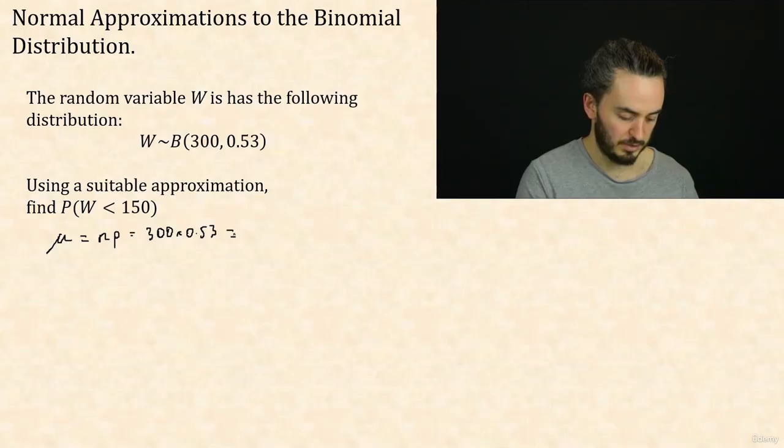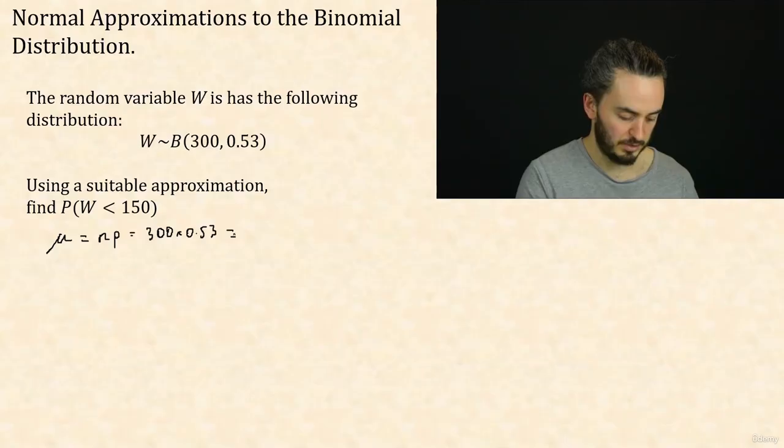The other way of doing this is just write out a few numbers around your target number and say it was less than 150. So it's going to be these ones which I want. So I've chopped through at 149.5. That is where I cut off at my normal distribution.